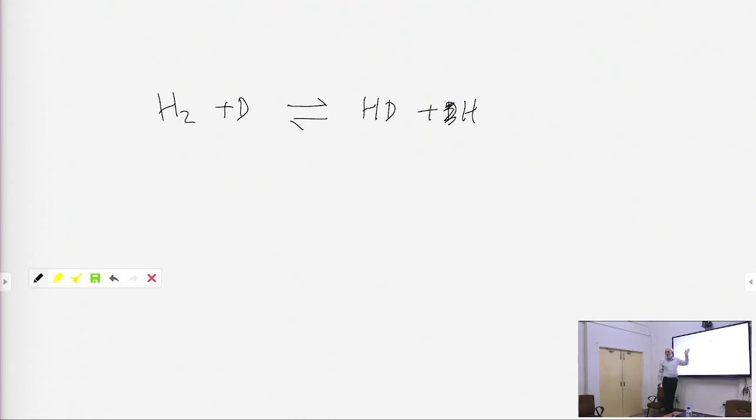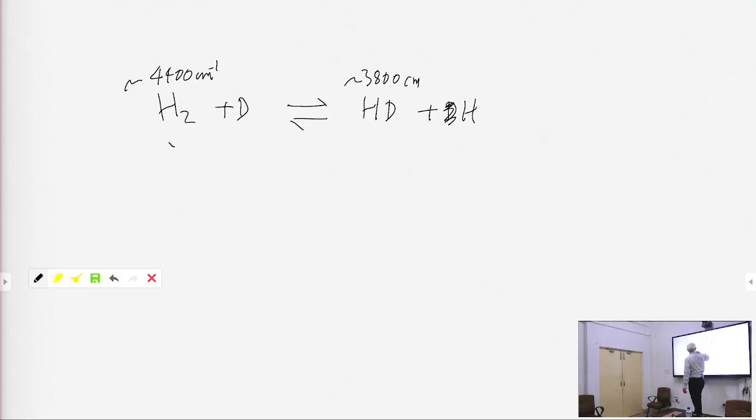At low temperature, that's not true because the 0 point energy of this is significantly bigger than the 0 point energy of this. Again, I'm giving very approximate numbers here. The vibrational fundamental of this is about 4,400 centimeters minus 1. I didn't do my homework and work out what it was here, but let's say it's 3,800. That may or may not be correct.